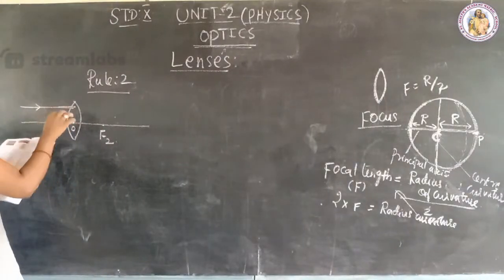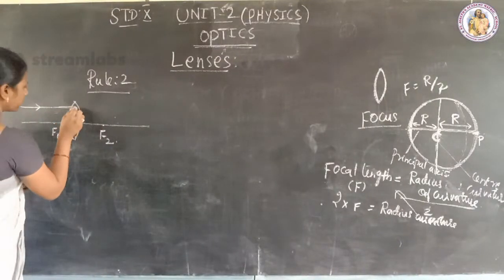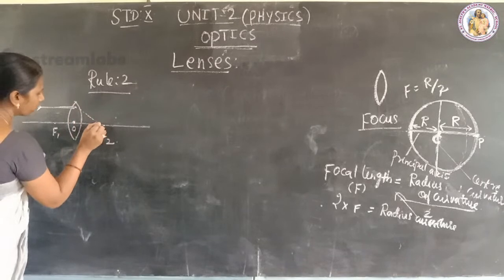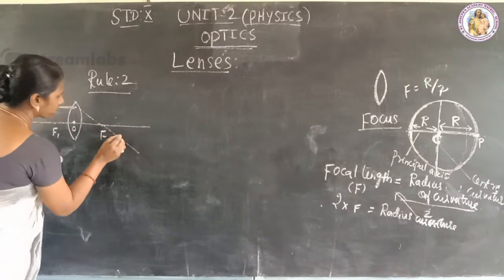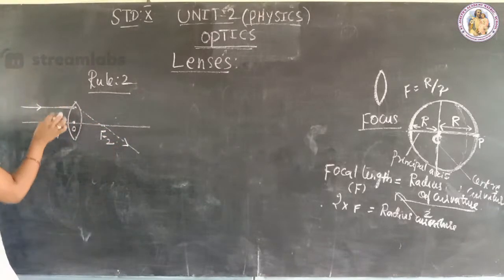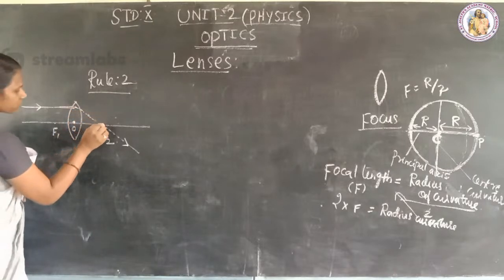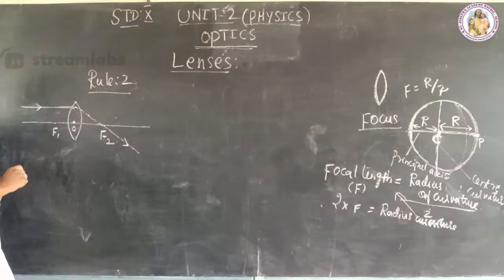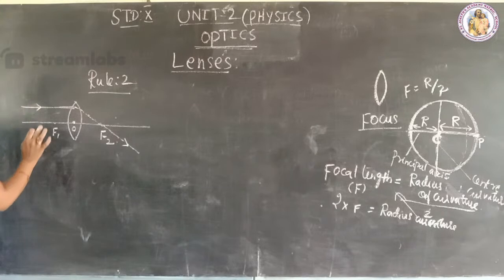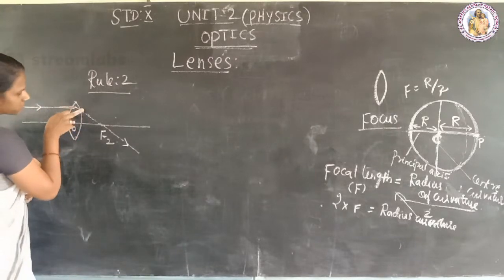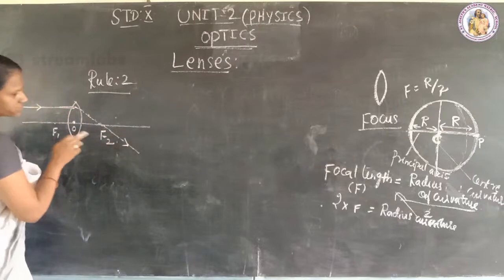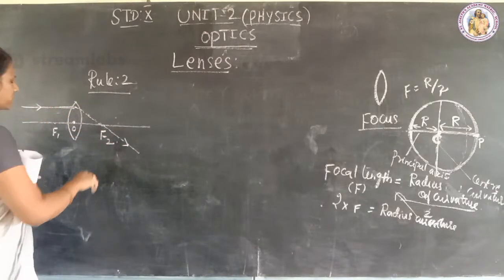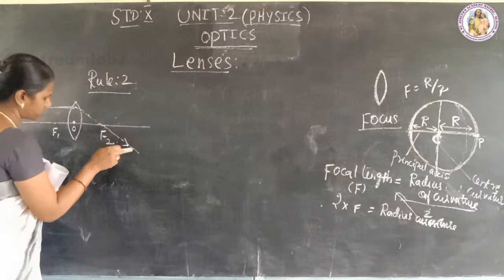Its refracted rays are converged. See, it passes through the focus. When the ray is parallel to the principal axis, after refraction, it passes through the focus point. Yes, it's converging at a point.